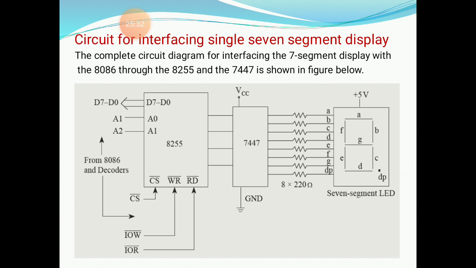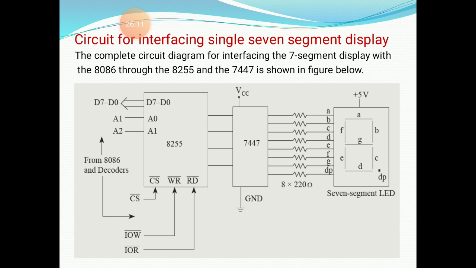Now let us see the interfacing circuit of a single 7 segment display device with the microprocessor through 8255 and 7447, shown in the figure below. This interfacing diagram consists of various blocks: the 7 segment LED display device, IC 7447 and 8255. In 8255, port A is used as the output port, which carries the BCD number.